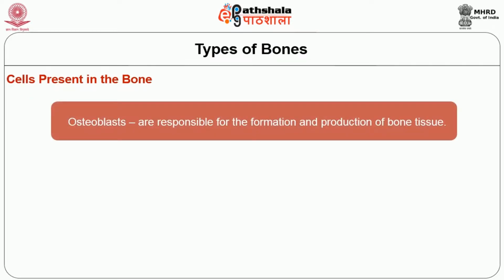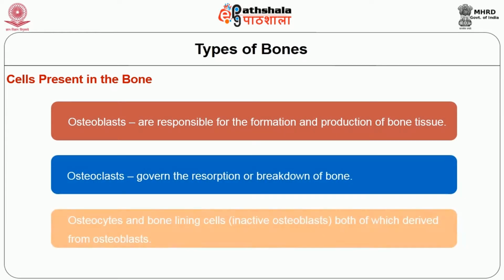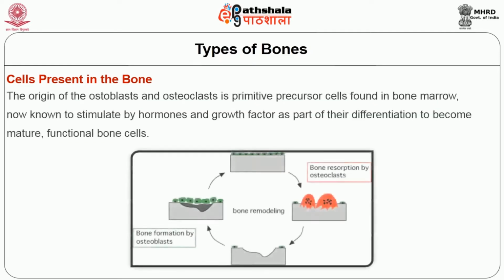What are the cells present in the bone? Commonly, the cells present in bone are osteoblasts, osteoclasts and osteocytes. Osteoblasts are responsible for the formation and production of bone tissue. Osteoclasts govern the resorption or breakdown of bone. Osteocytes and bone lining cells, which are actually inactive osteoblasts, are both derived from osteoblasts.